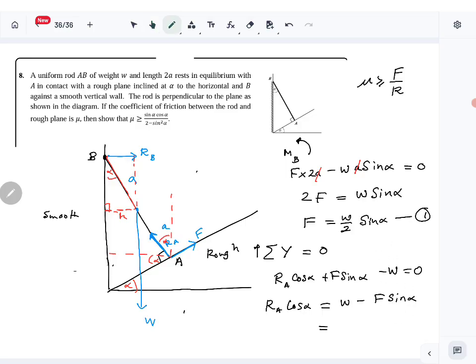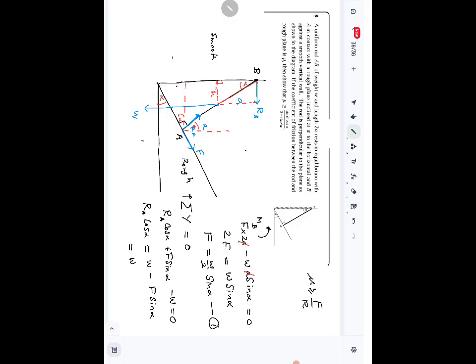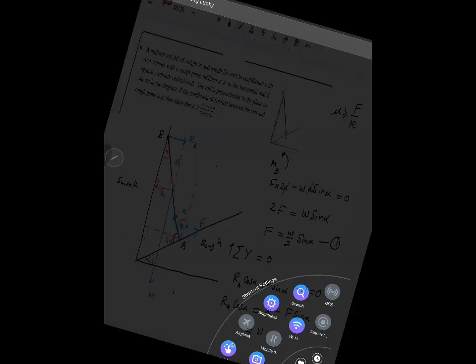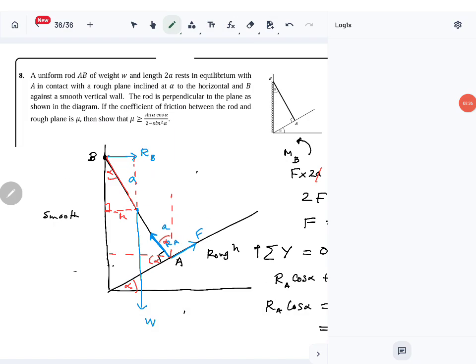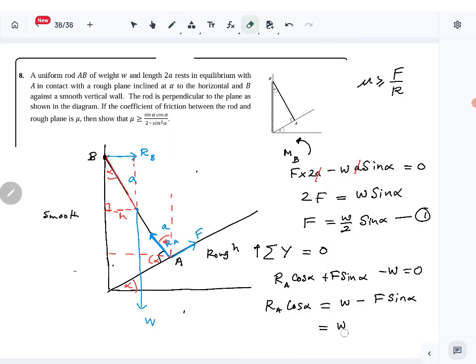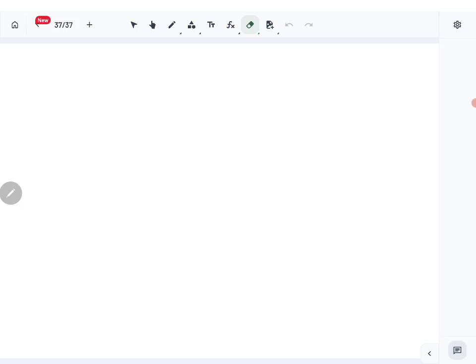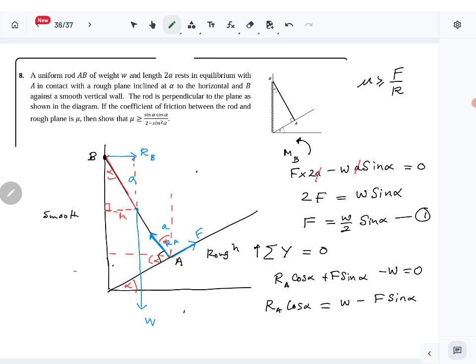So RA cos alpha equals W minus W over 2 sine squared alpha.